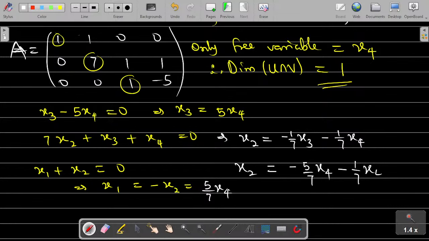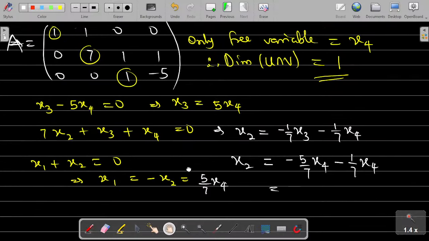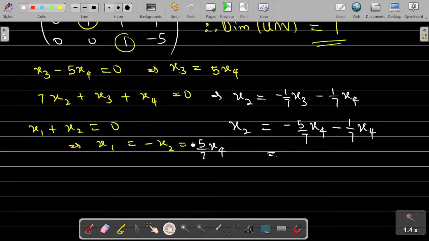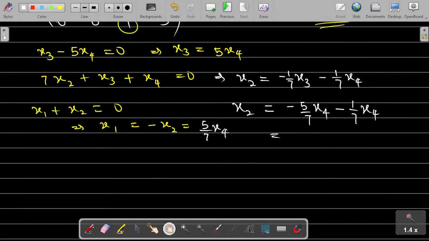Sorry about that. So this was supposed to be, if you add these two things, you are just adding minus 5 over 7 and minus 1 over 7, which is equal to minus 6 over 7. So you have minus 6 over 7 x4.